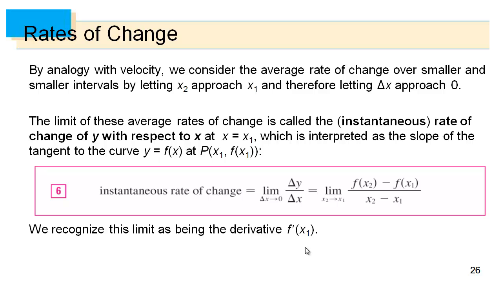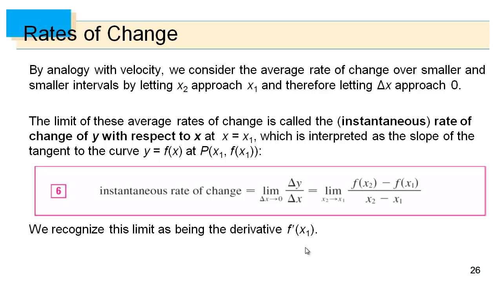So therefore, by analogy with velocity, we can consider the average rate of change over smaller and smaller intervals by letting x2 and x1 get closer and closer. You can either let x2 approach x1 or x1 approach x2. It doesn't matter. It's the same idea, because in either case, delta x just gets closer and closer to 0.